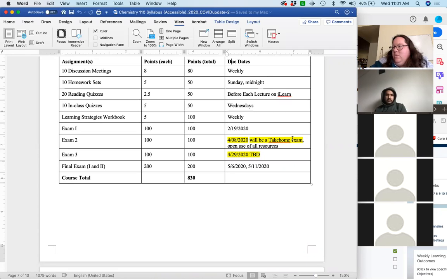And if you're like, ooh, how am I going to do that when I'm online or at home? And the answer is you're going to show me your work just like you normally would. And then once you show me your work, then I will be able to provide feedback to you just like I normally would. So one of the things that I think is really helpful is for you to be able to get feedback on the work that you're doing.